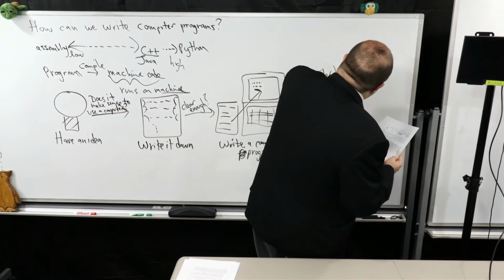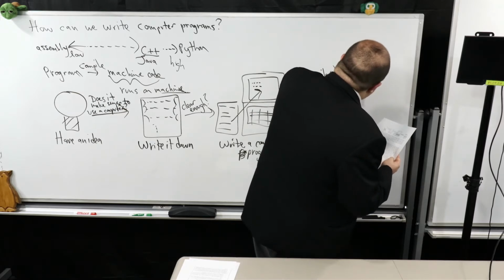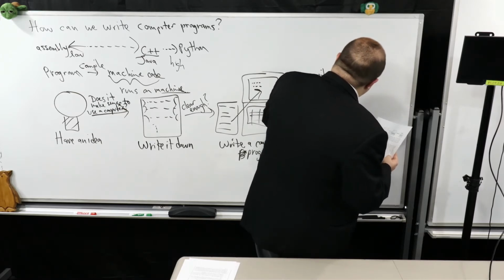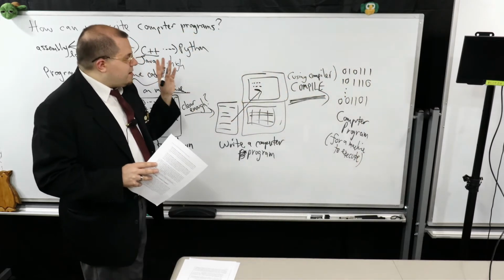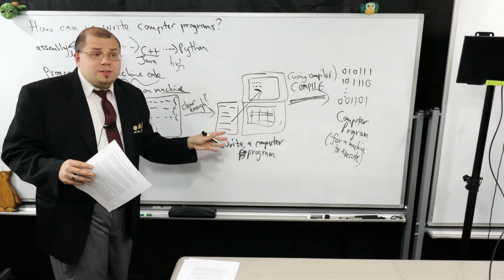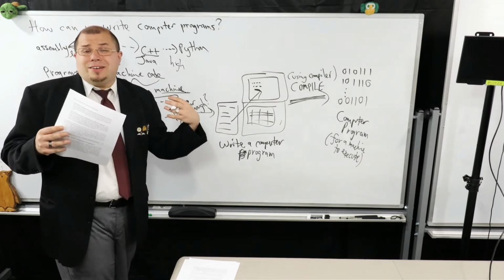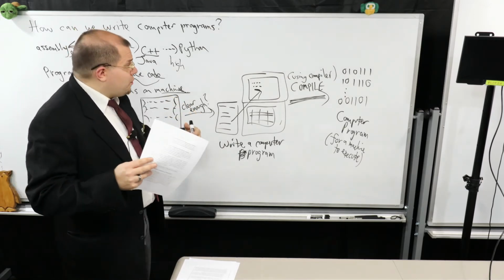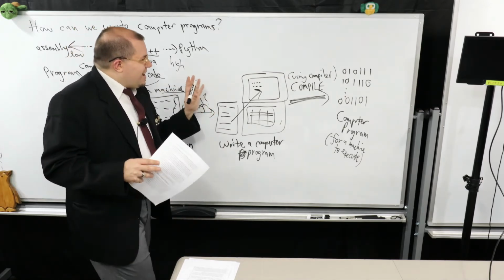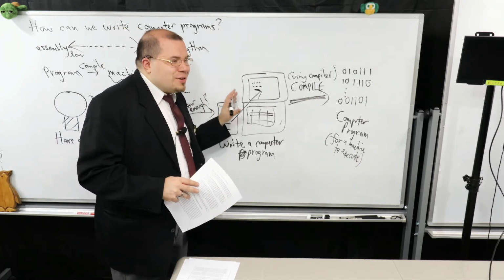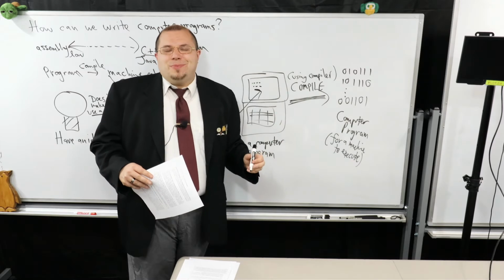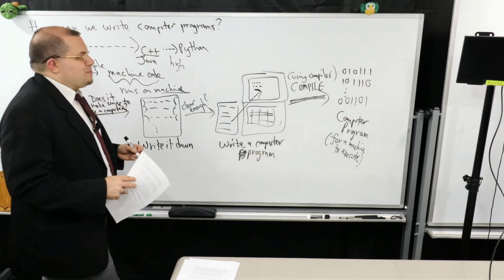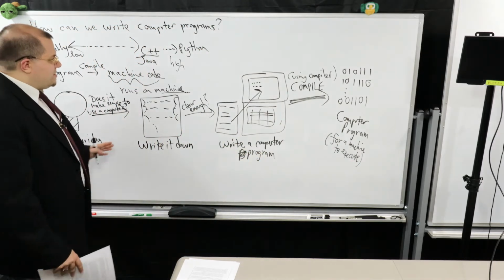So this should just be a bunch of zeros and ones. I don't know what these mean, I just threw these off the top of my head. The point is that it takes the code that you wrote. Remember, programming languages are designed for humans, not really for computers. The idea is that it's something you can write instructions for so that you can turn it into machine code for the computer to process. So this is the general gist.